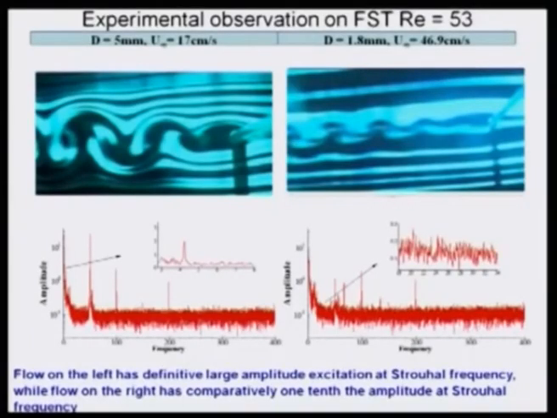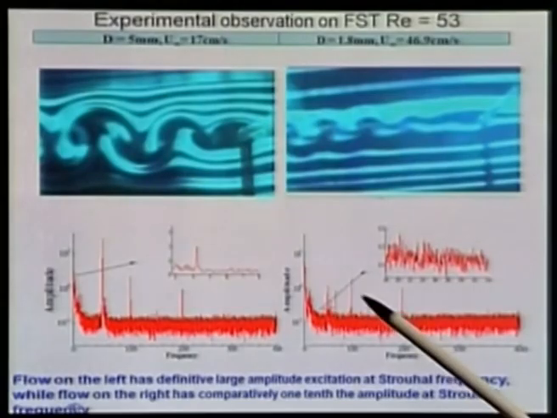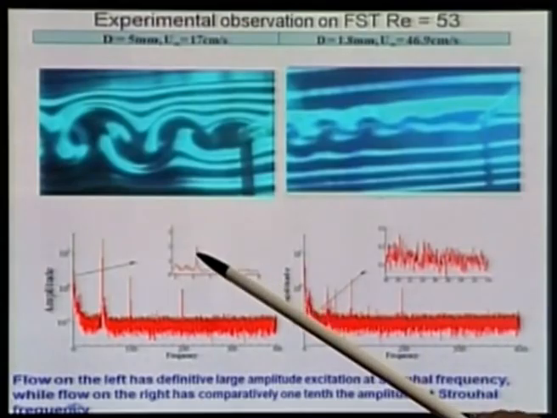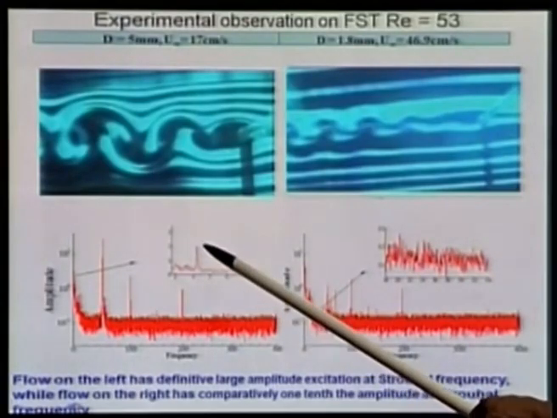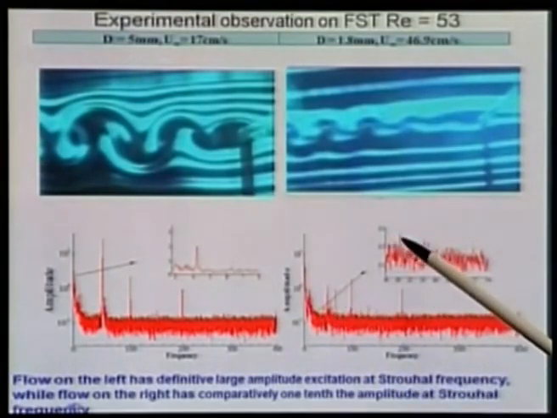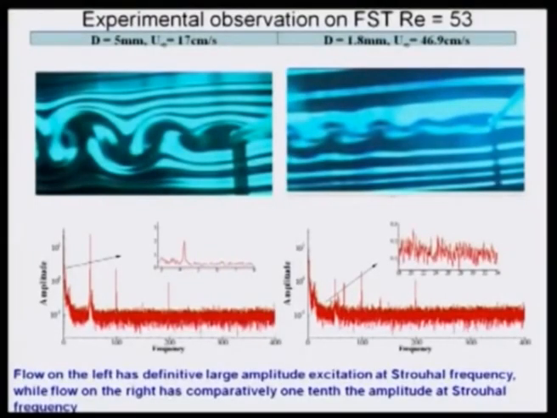If you provide the disturbance, it will pick up. This value on the left hand side is of the order of about 3. So, this value is roughly about 2 here, while this value is about 0.25, 0.27 in that range.